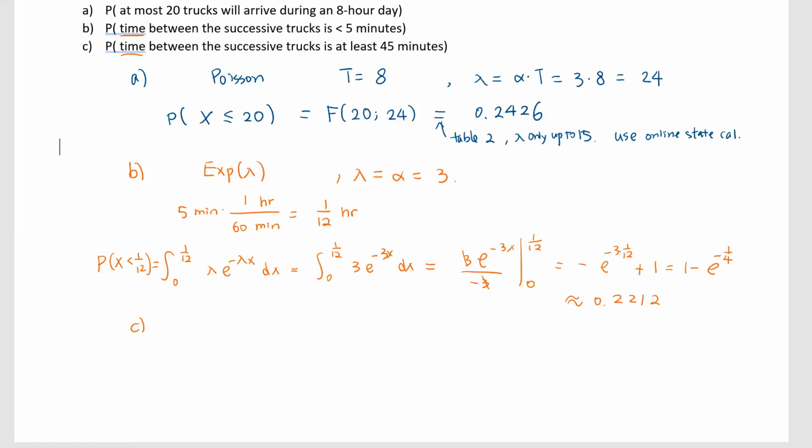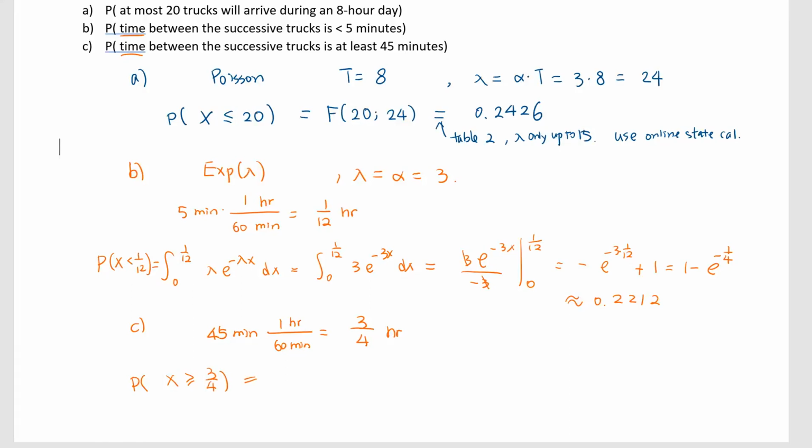At least 45 minutes: 45 over 60, the common factor is 15. 45 divided by 15 is 3, and 60 divided by 15 is 4. So we are looking for x greater than or equal to 3/4.